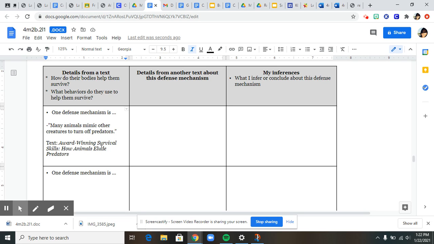that we read. So go ahead and look through your text. Find where else does another text talk about how animals mimic other creatures or predators. So I'm going to put right here, and I'm going to put my quote. I found one.